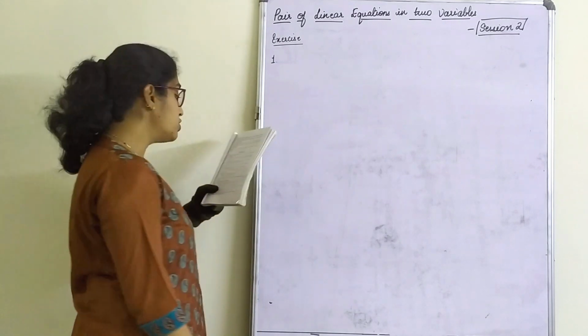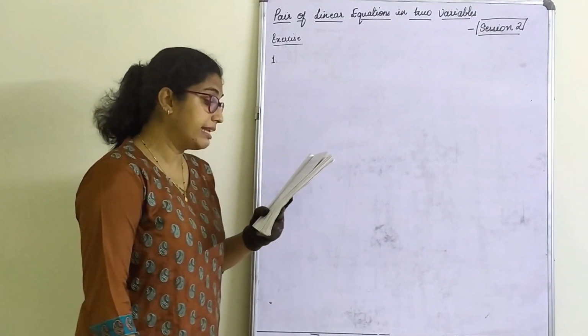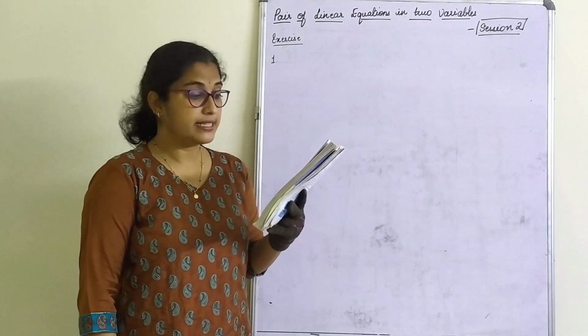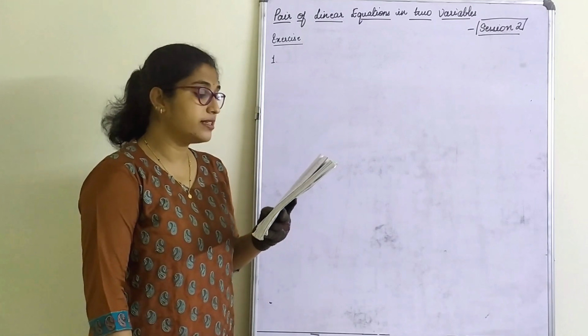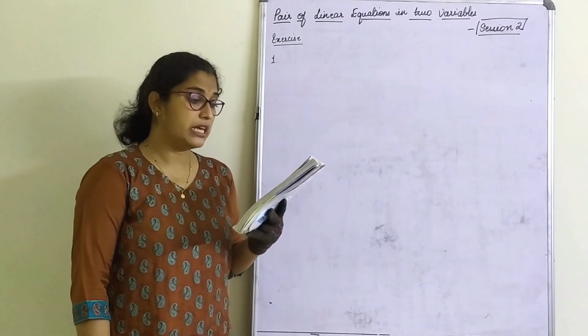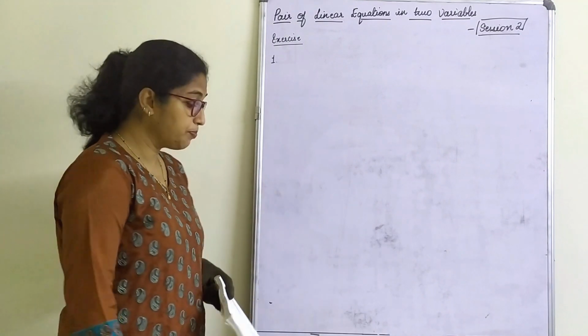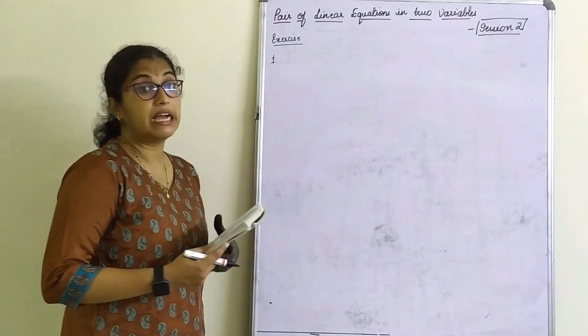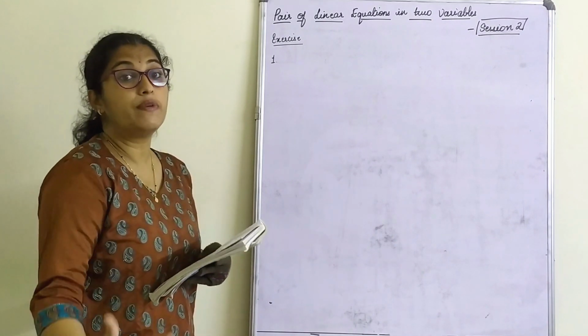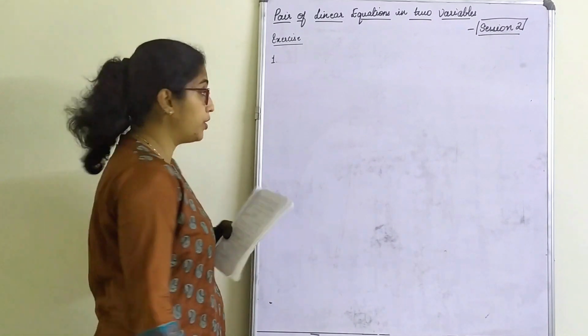First one, 10 students of class 10 took part in a mathematics quiz. If the number of girls is 4 more than number of boys, find the number of boys and girls who took part in the quiz. First of all, we need to write how we represent number of girls and boys here.